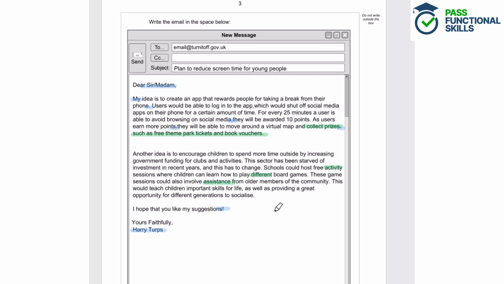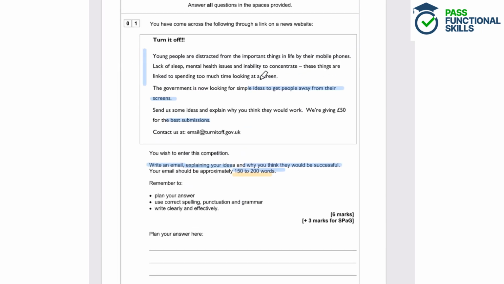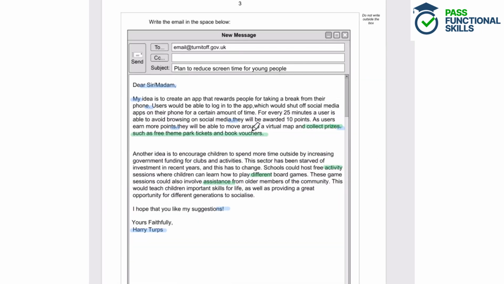The details that have been included are relevant to the question. So the question tells us that we are trying to get people away from their screens, so reduce screen time, and the focus of this answer is reducing screen time throughout. The ideas are proposed to the government specifically because they're applying for government funding to a government email there.